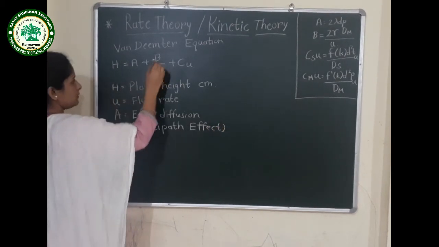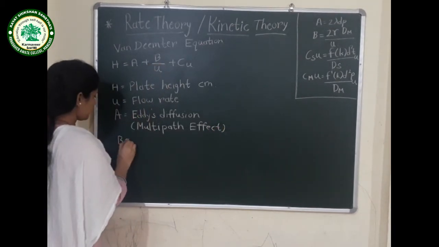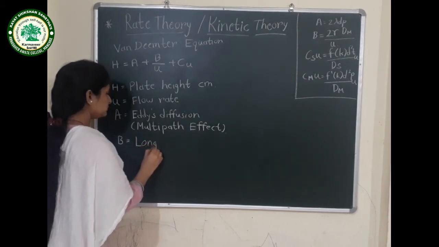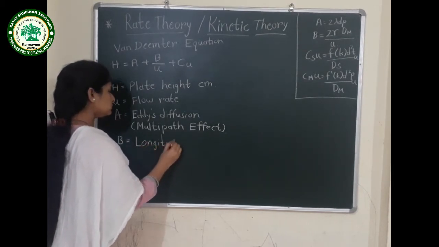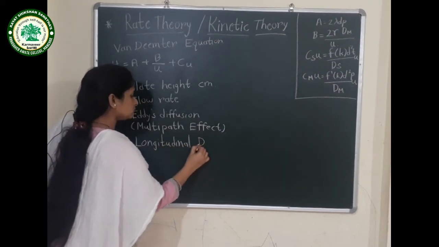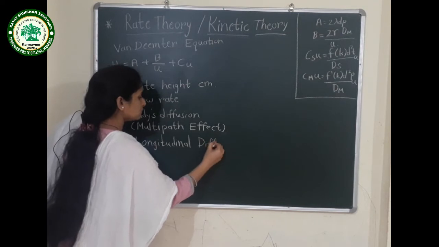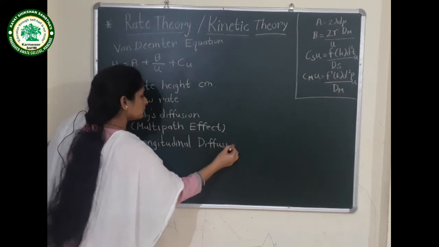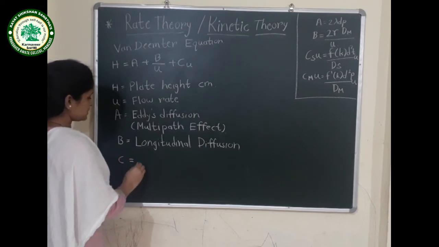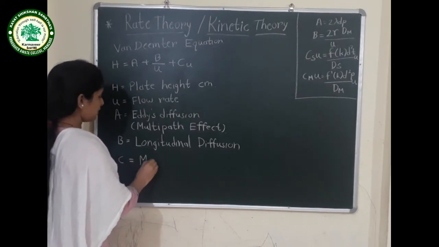Now the second term is B. B means longitudinal diffusion. And C is the mass transfer effect.